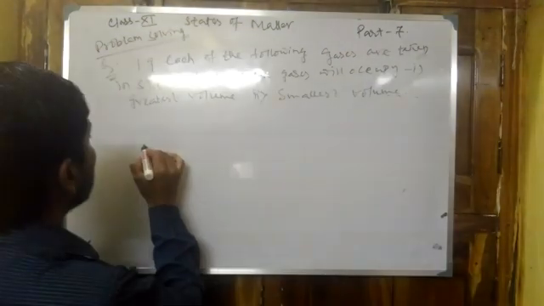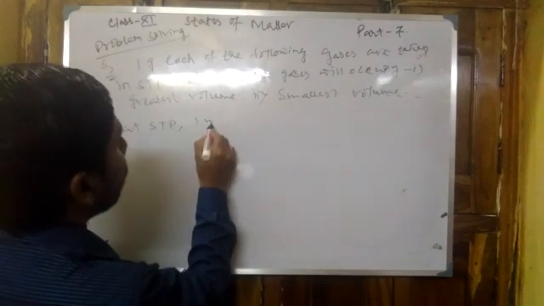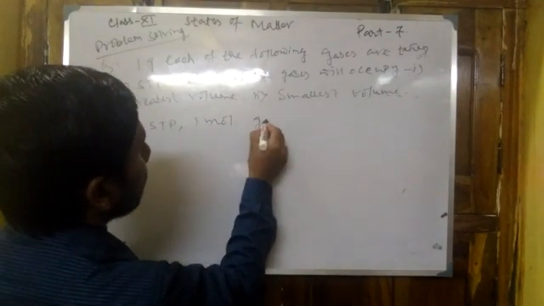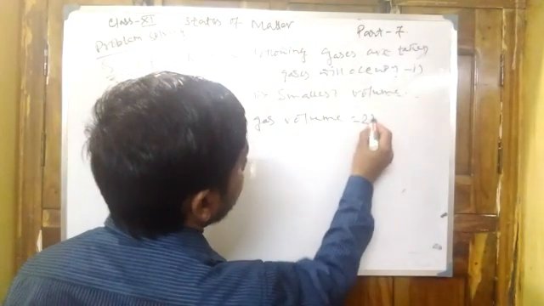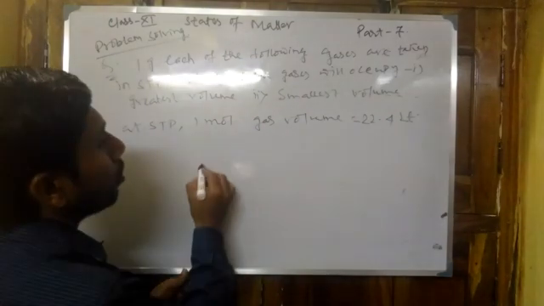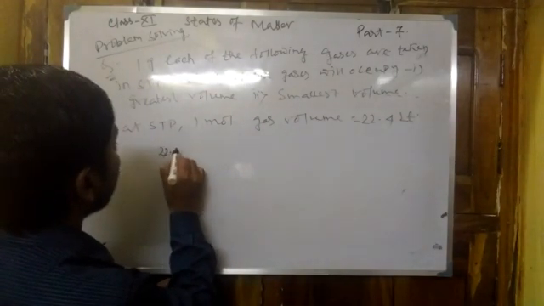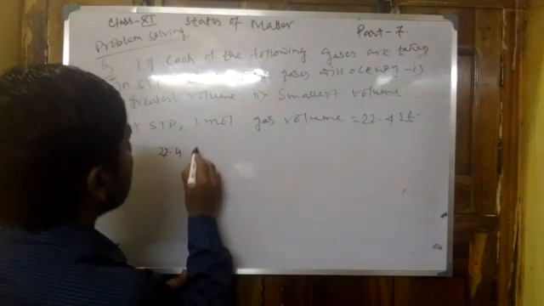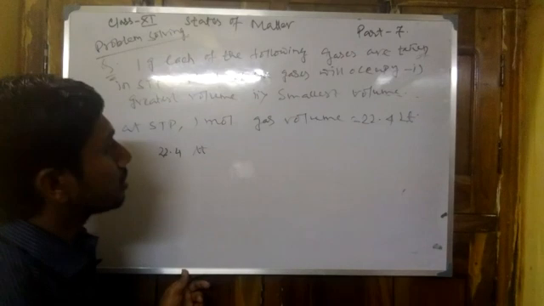Now the statement is, at STP 1 mole of gas has volume equal to 22.4 liter. So 22.4 liter is the volume of 1 mole, that is the molecular mass.